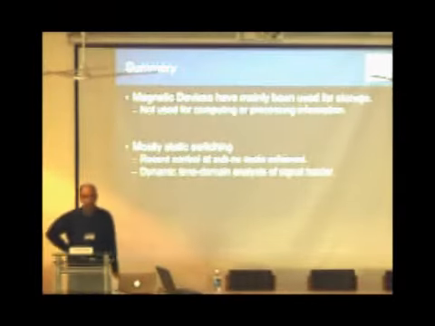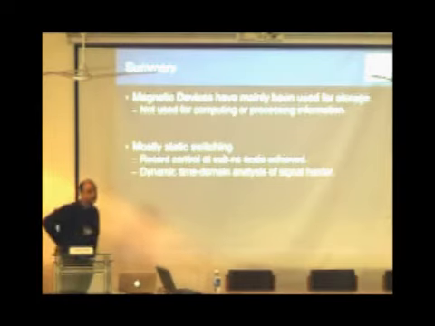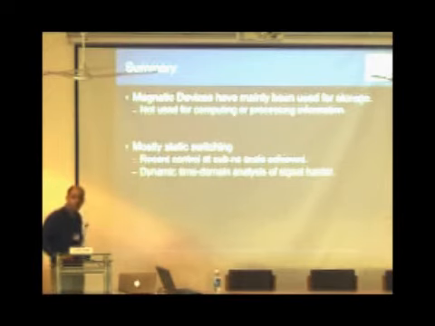So we'll come back to these few points in the third part of the talk, when I start using them for making computing devices. But the point I have to make here is that most magnetic devices have been used mostly for storage, not for making a processing device or a computer in the sense of a switch, like the way a FET exists. You do switch bits from logic 1 to logic 0 or otherwise.